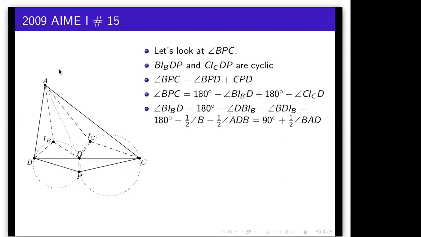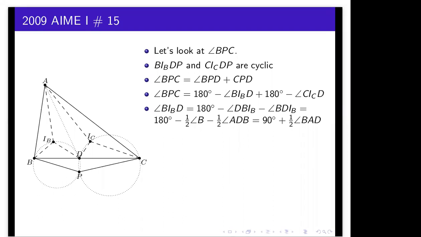Yeah, exactly. We have B I sub B D is 180 degrees minus D B I sub B minus B D I sub B. Since it's the incenter, this is 180 minus 1/2 angle B minus 1/2 angle ADB.